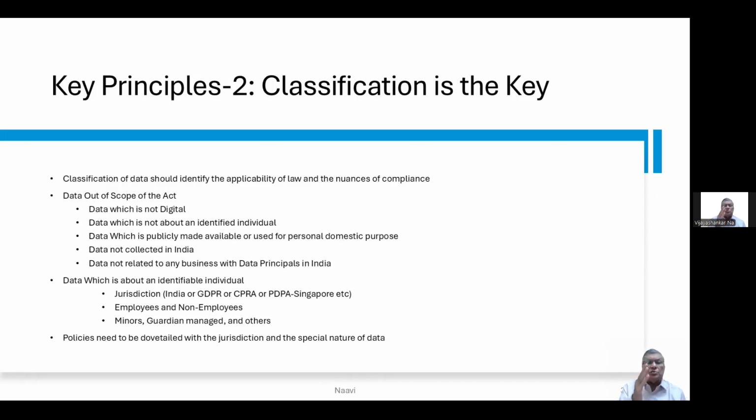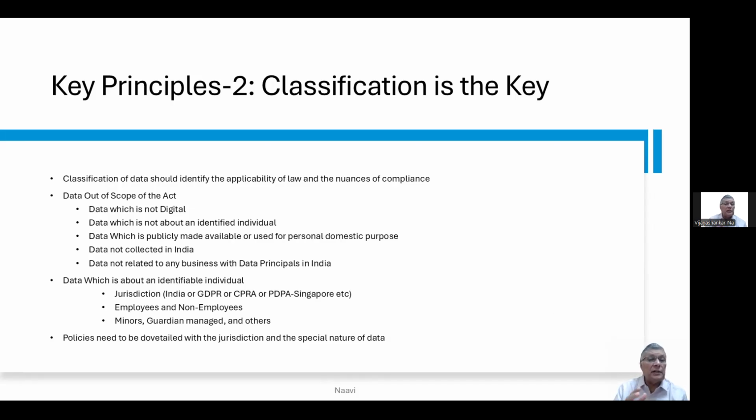The classification has to closely align itself with the requirements of DPDPA, and that is the principle which we adopt in DGPSI, so that each section which says this type of data requires this type of legal prescription becomes a class of data for us under DGPSI.